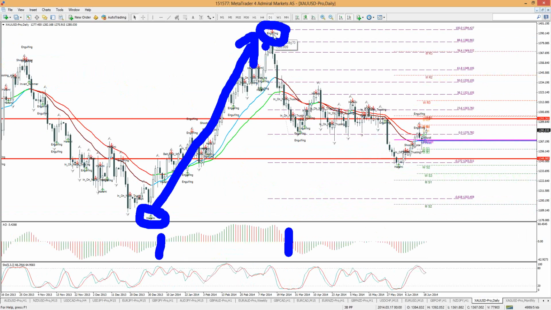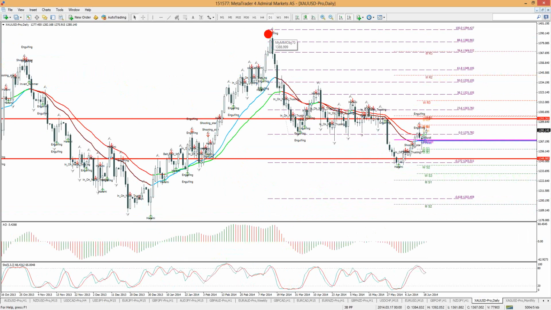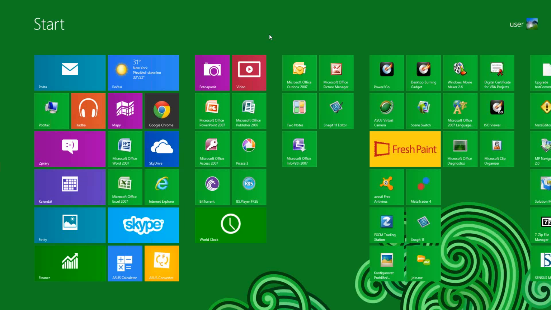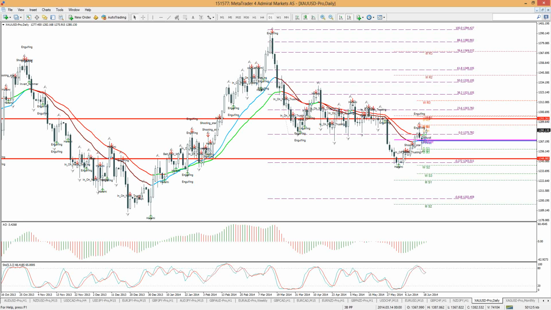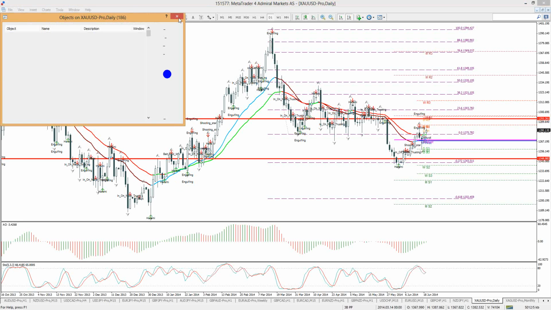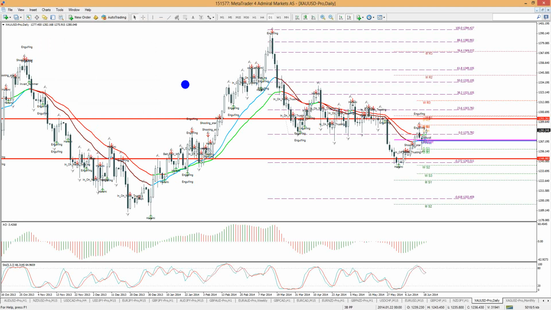On the daily chart, the retracement here seems like three waves, 1, 2, 3. And that looks like a correction at the moment. Why? Because this impulse is a bigger swing than the current downside.